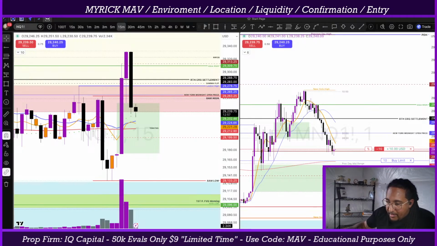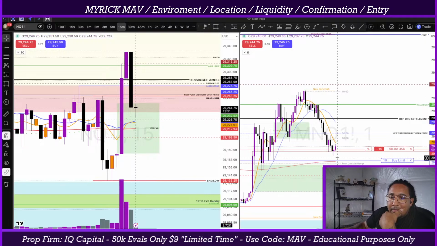Get down, I'm going to see some continuation to the low side. I don't want to endure too much drawdown. So if we get back into the green, we at least want to get us down into these relative equal lows here. We should be able to take that. However, if we get down below these lows here, we're out.